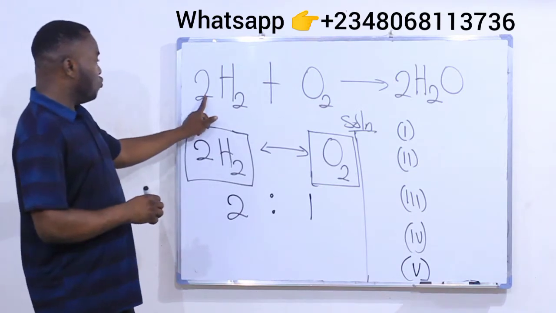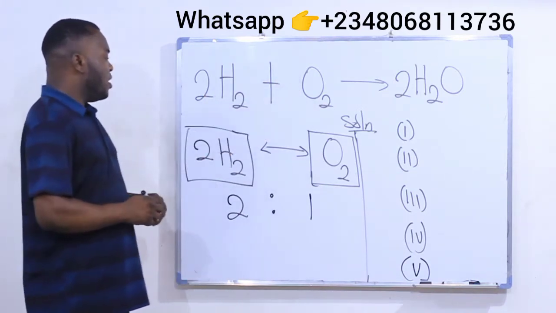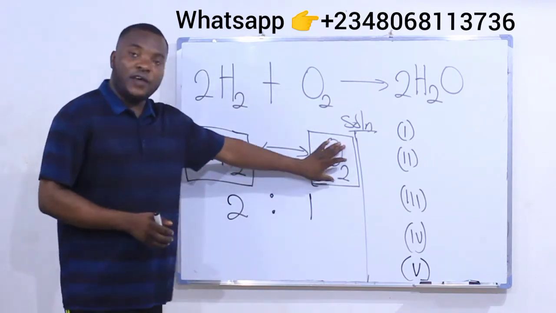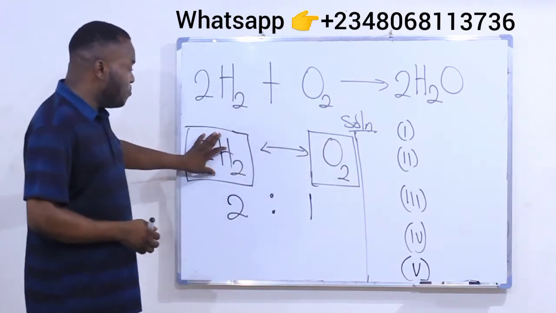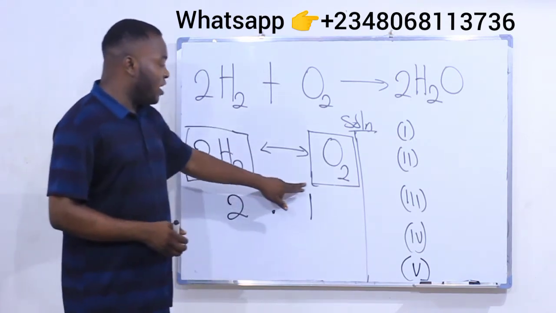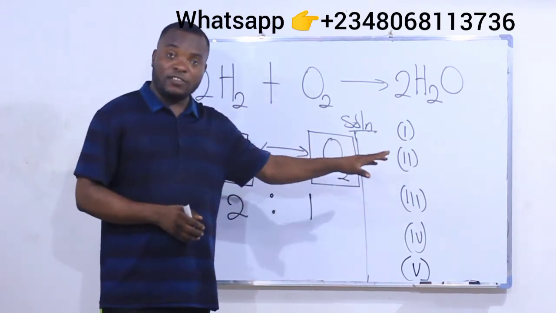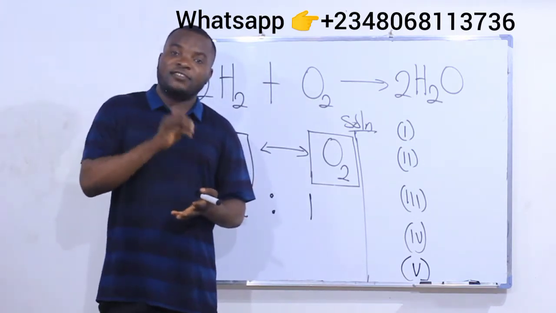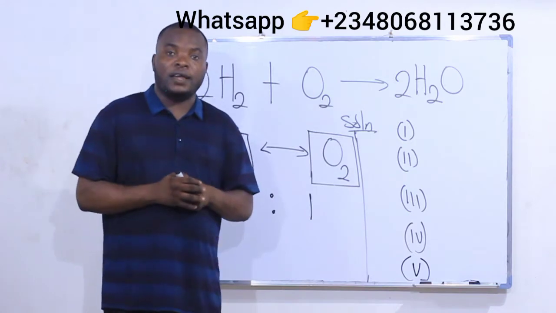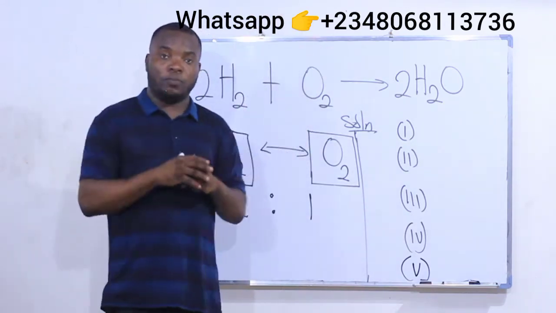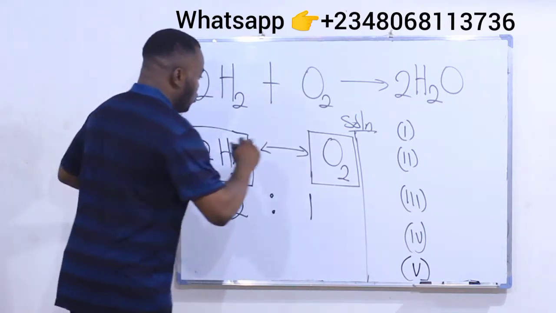From here, 2 goes with 1. Now, the question says that 35 cm³ of oxygen was mixed with 30 cm³ of hydrogen. Now we should tell them the one that is in excess and the one that is limiting. Remember, the limiting reagent means the reactant that is in short supply, while the excess reagent means the one that is in surplus supply. So let's find out.